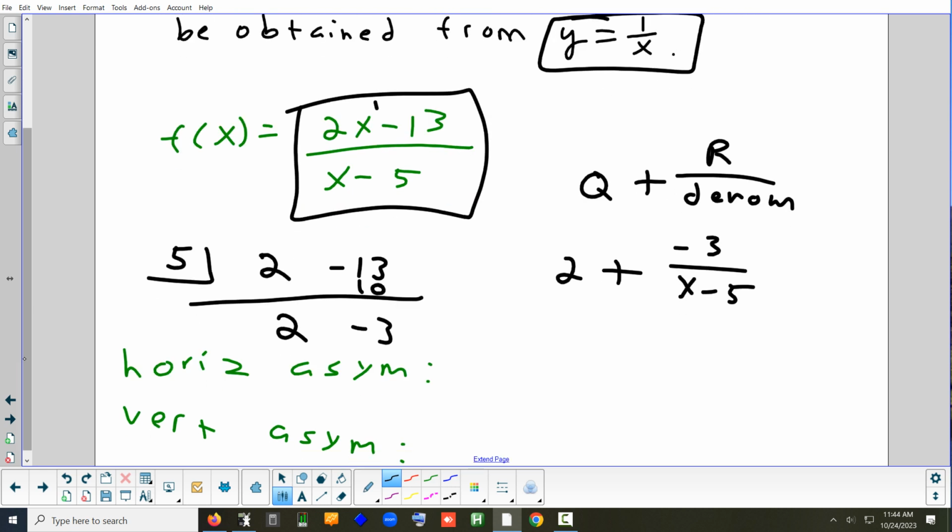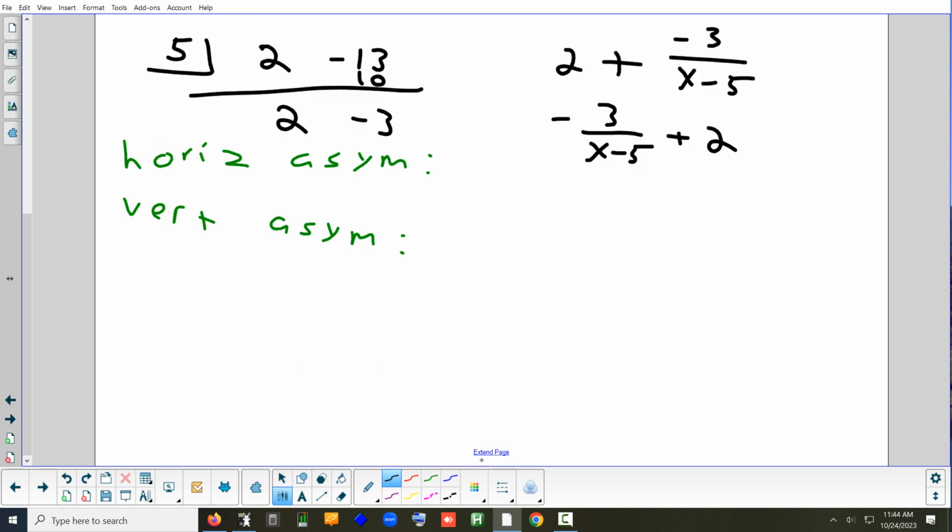Now this is looking a lot more like what I just talked about, where we can see the transformations. I'm going to fix that a little bit. I usually put the vertical shift at the end, though you don't have to. I want to put my C value in front. What would be my C value? -3.